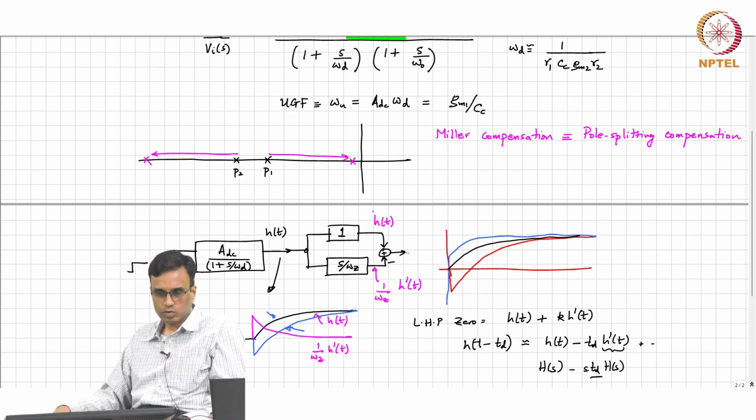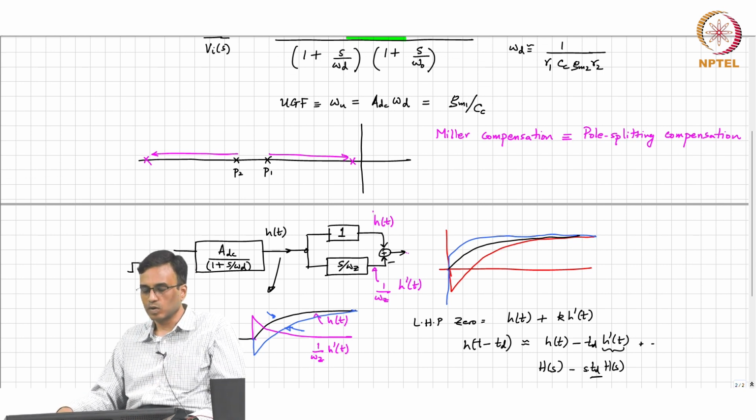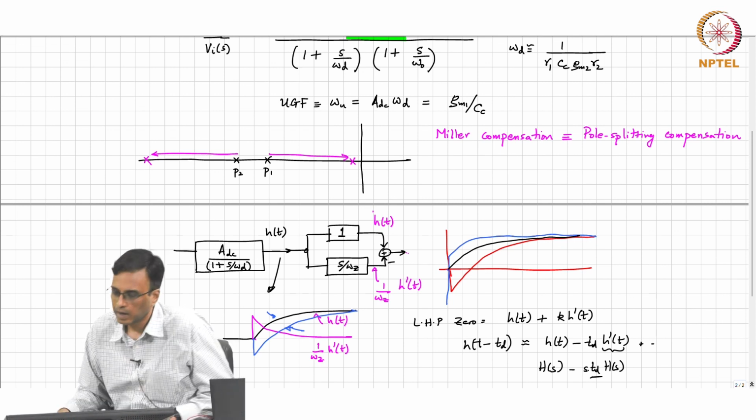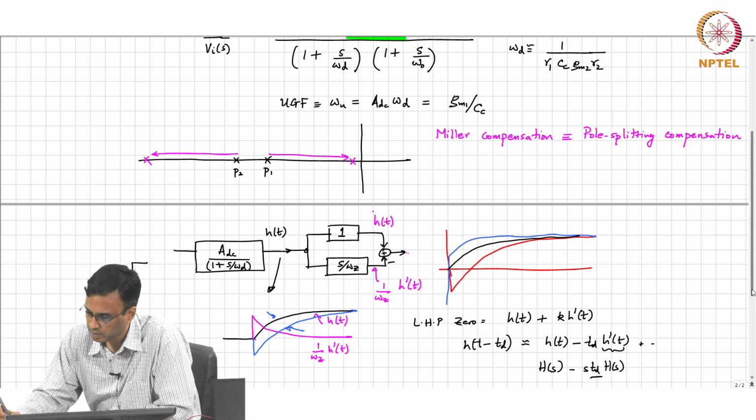This is telling you that the right half plane 0, because of the Miller capacitor, is degrading the phase margin of the system. And since it degrades phase margin, we would like to be able to sit and fix this problem, correct, and that is what we are going to see next.